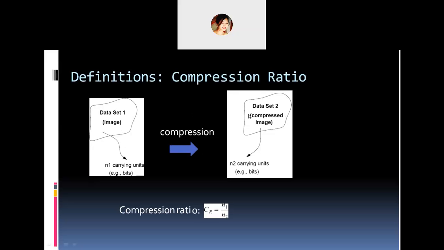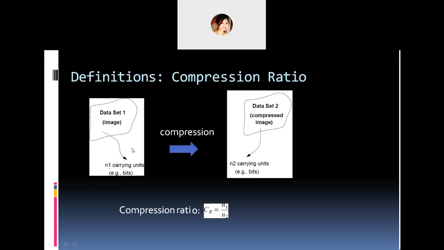The original image carries n1 units, say for example bits, it may be 8 bits, 10 bits and so on. The compressed image, which is the compressed form of the original image, is represented by n2, which is also carrying units in the form of bits.